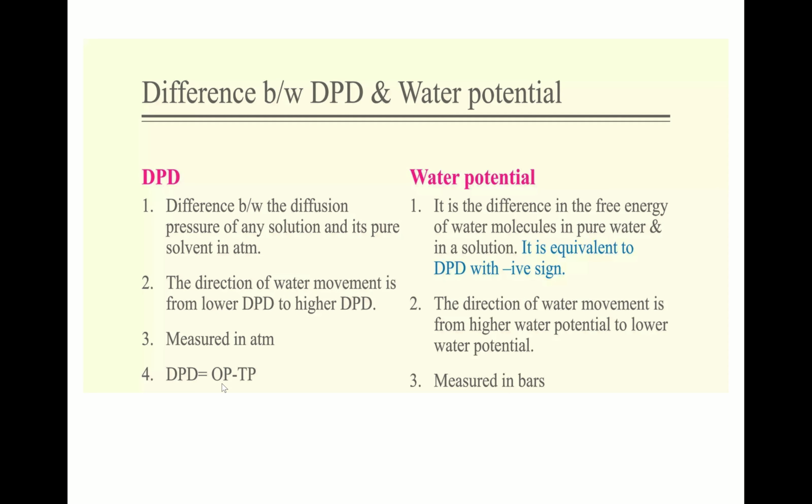Higher diffusion pressure deficit means there is a high amount of water deficit. So, OP minus TP.